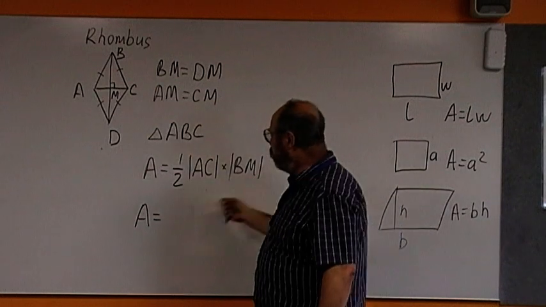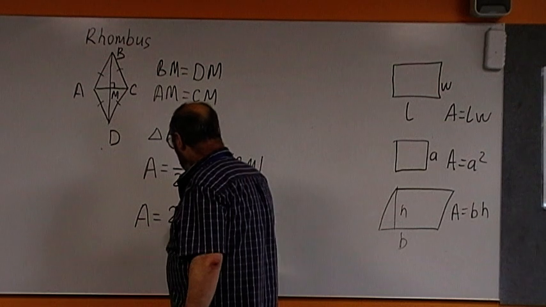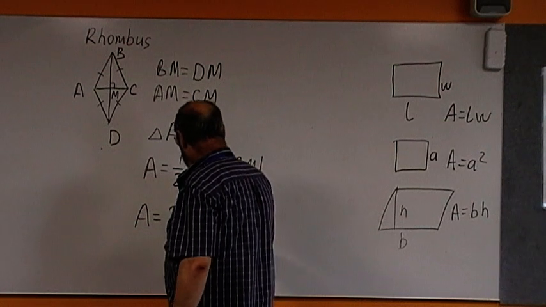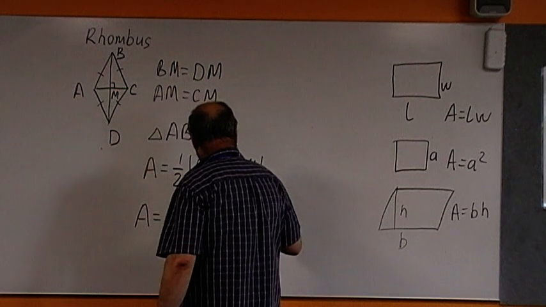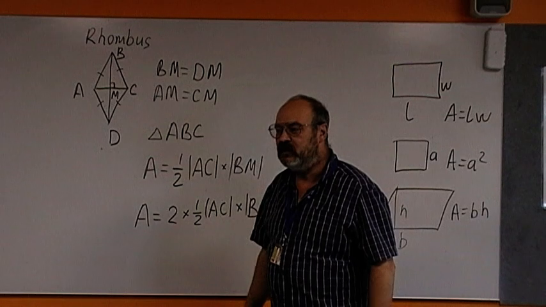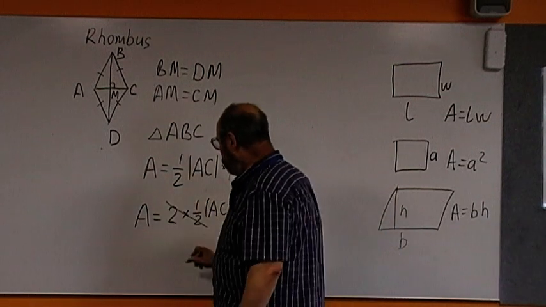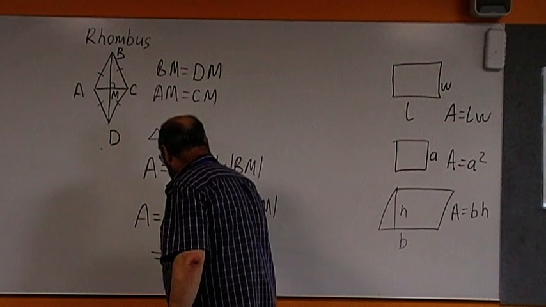So we take this area and multiply it by 2. So we have 2 times 1/2 AC times BM. 2 times 1/2 equals 1, so it cancels out. So we have AC times BM.